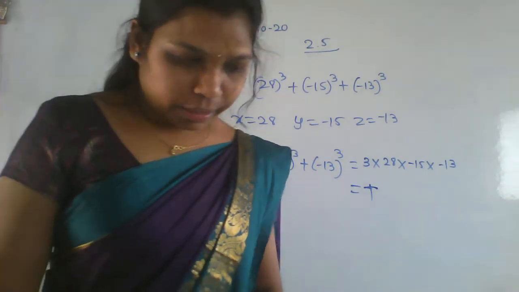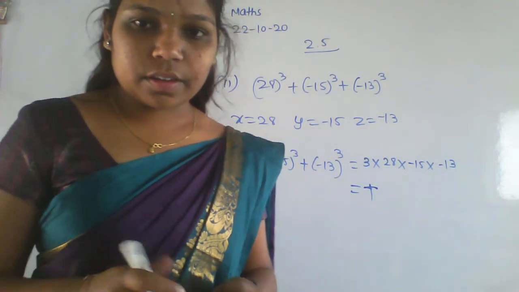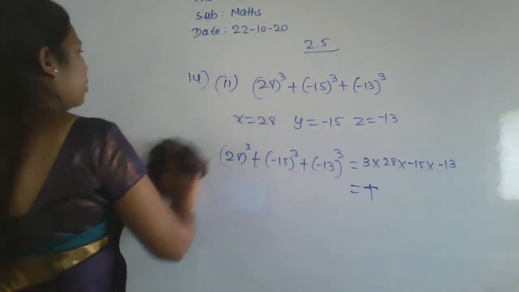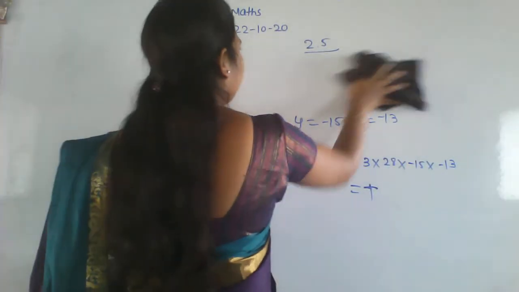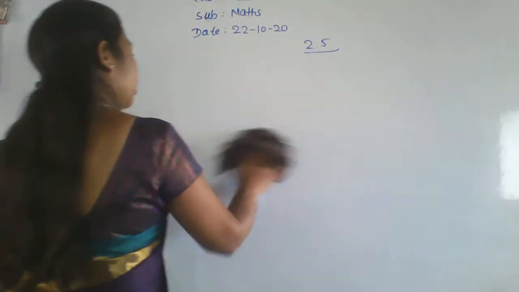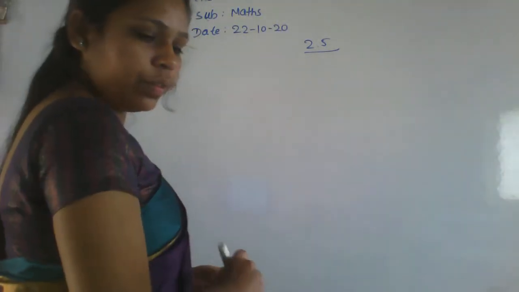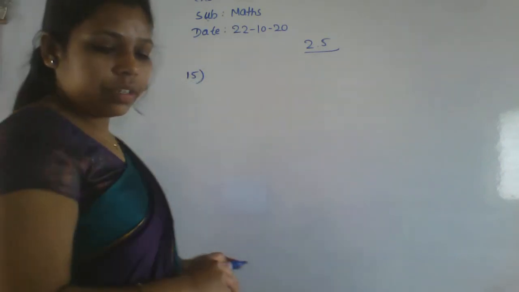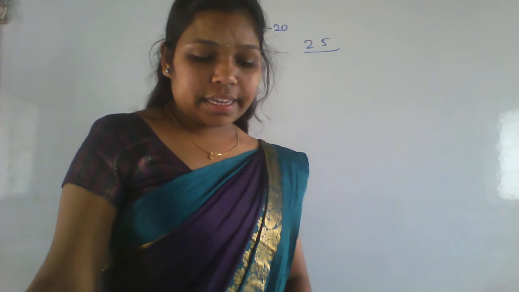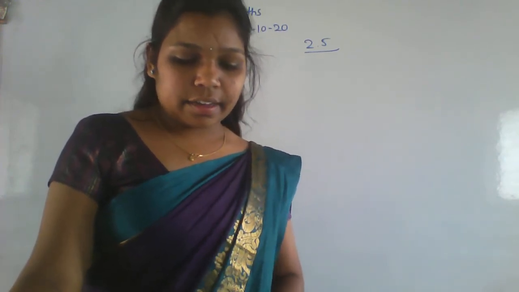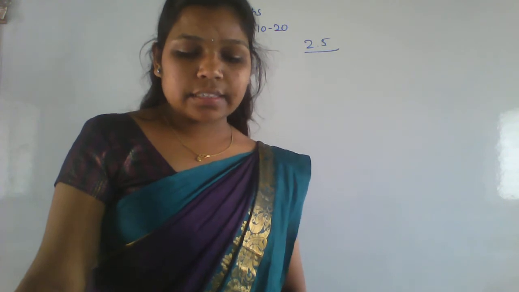That is the 15th main. Now we'll solve the 15th main. In 15th main, give a possible expression for the length and breadth of each of the following rectangles in which their areas are given.